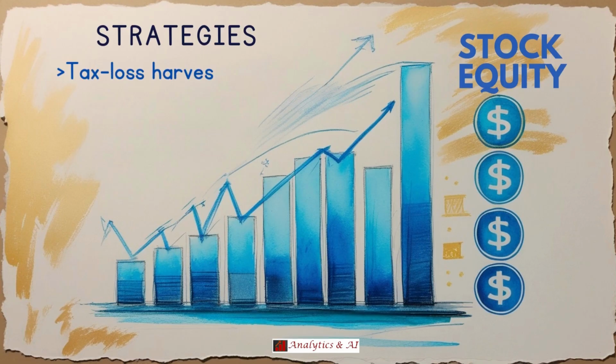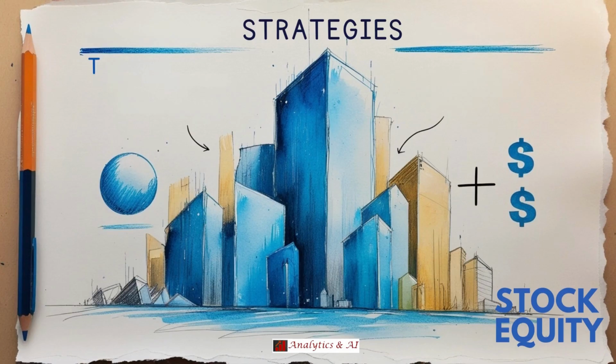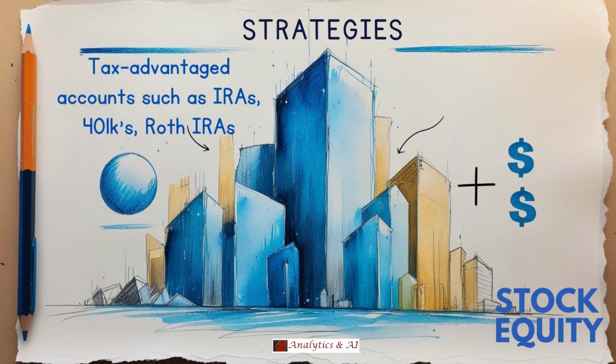Tax loss harvesting means selling investments at a loss to offset your gains. When used carefully, it lowers your tax bill. Use tax-advantaged accounts such as IRAs, 401(k)s, or Roth IRAs for highly traded or high-yielding positions to defer or pay no tax.